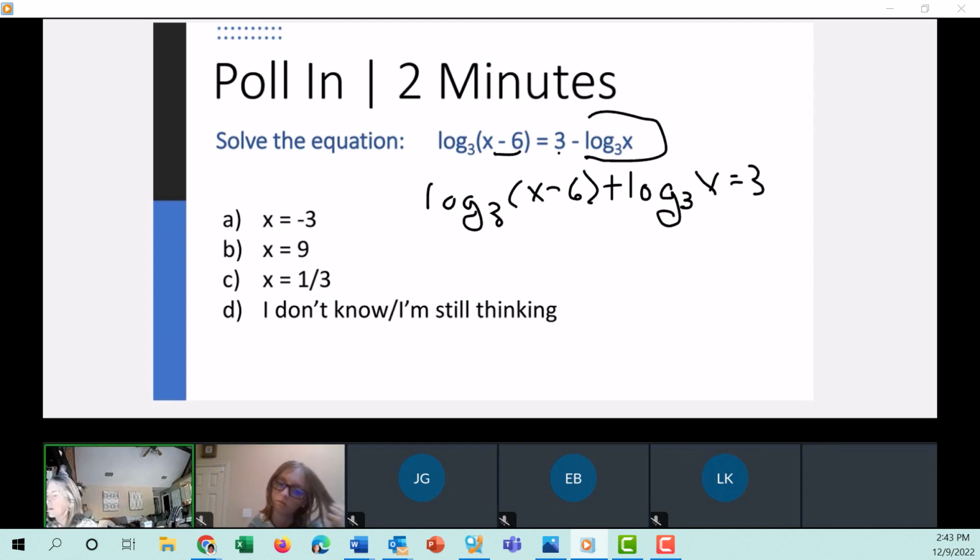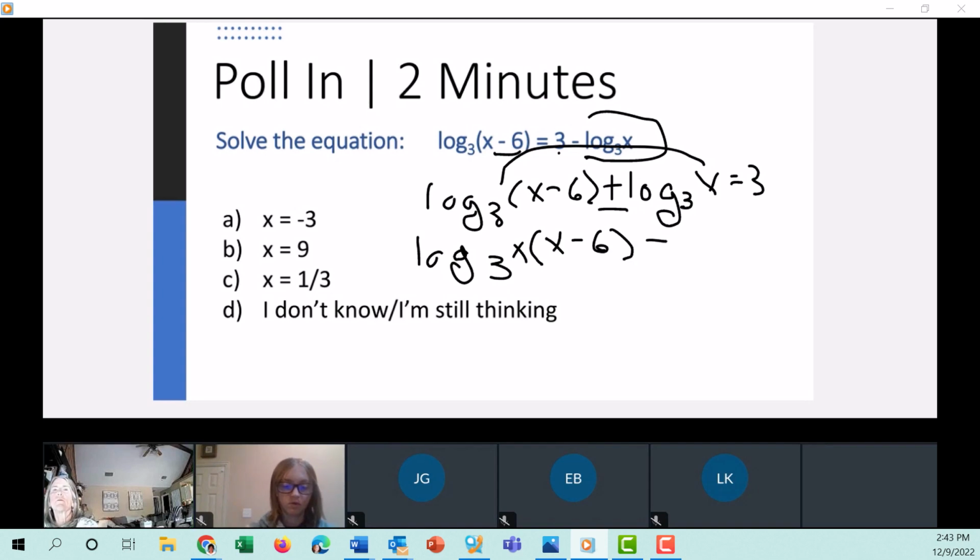That's okay. And this is new. Now what can I do with that? Remember, addition is multiplication. So I can multiply and combine this as log base 3 of x times x minus 6. And I only have 3 left on the right.